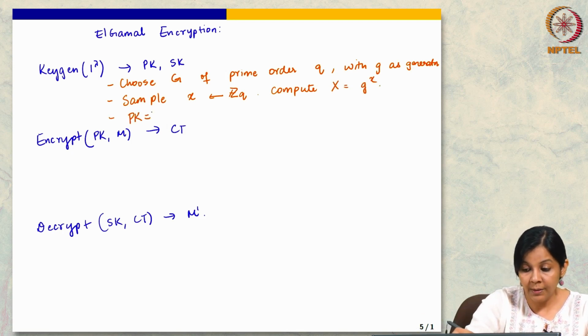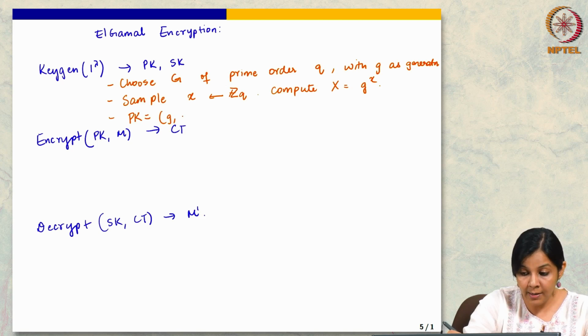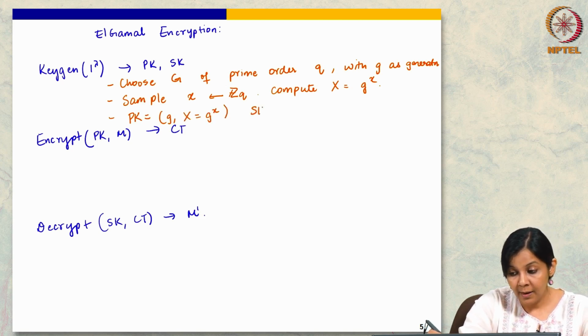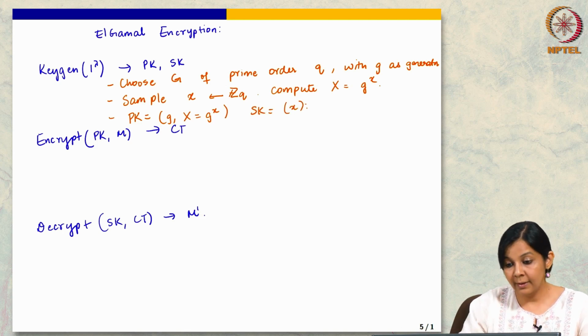And now what should be my public key? So g and X, which is g to the small x, and the secret key is small x.